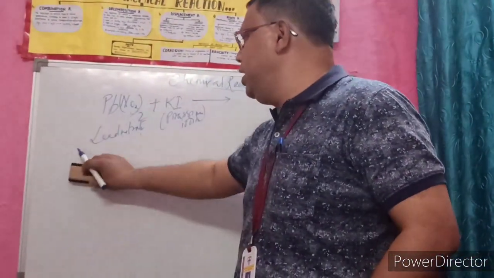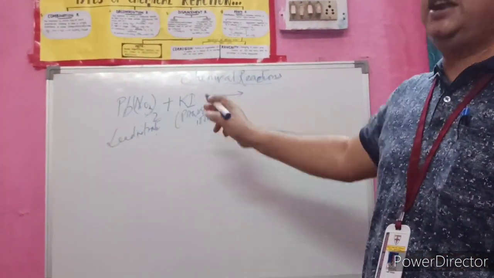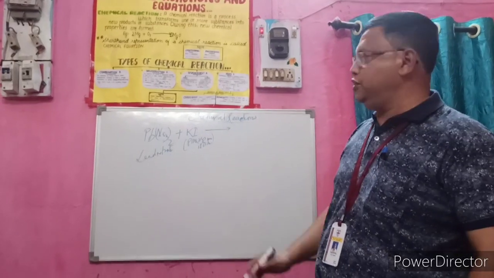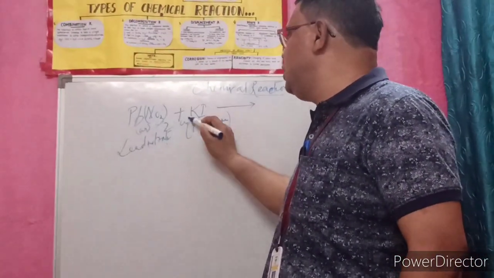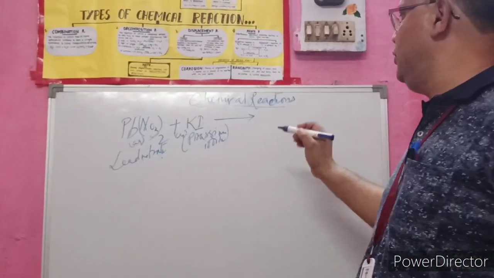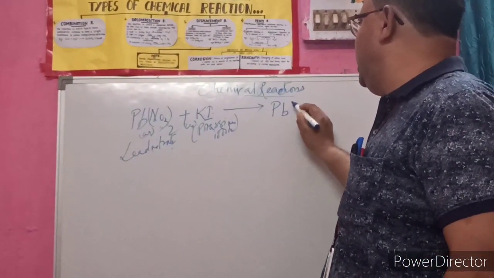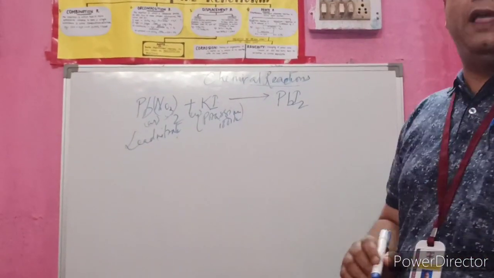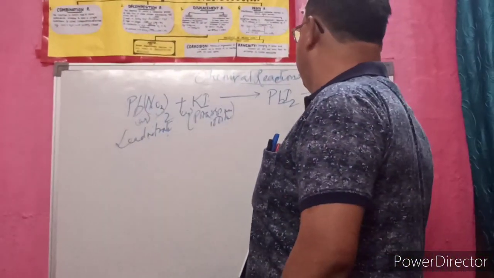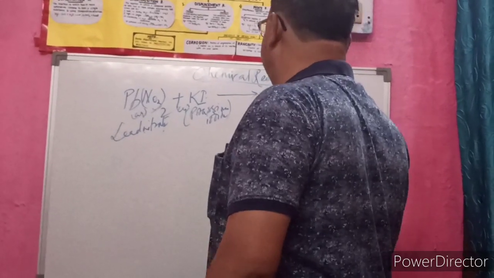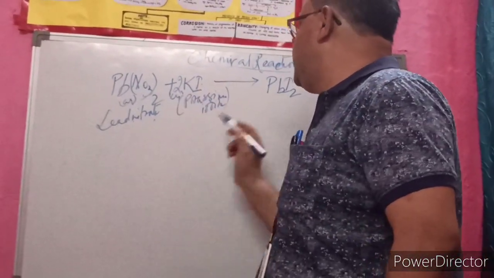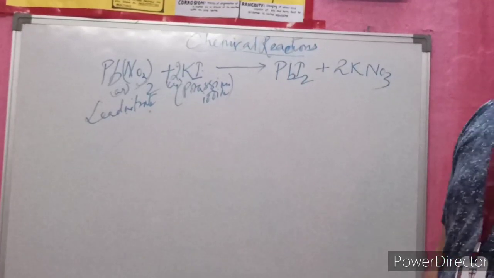Now when we react lead nitrate with potassium iodide, both are aqueous solutions. When you add them, it will form lead iodide, PbI2, and potassium nitrate. It is not balanced yet, I am balancing it. It forms potassium nitrate solution.